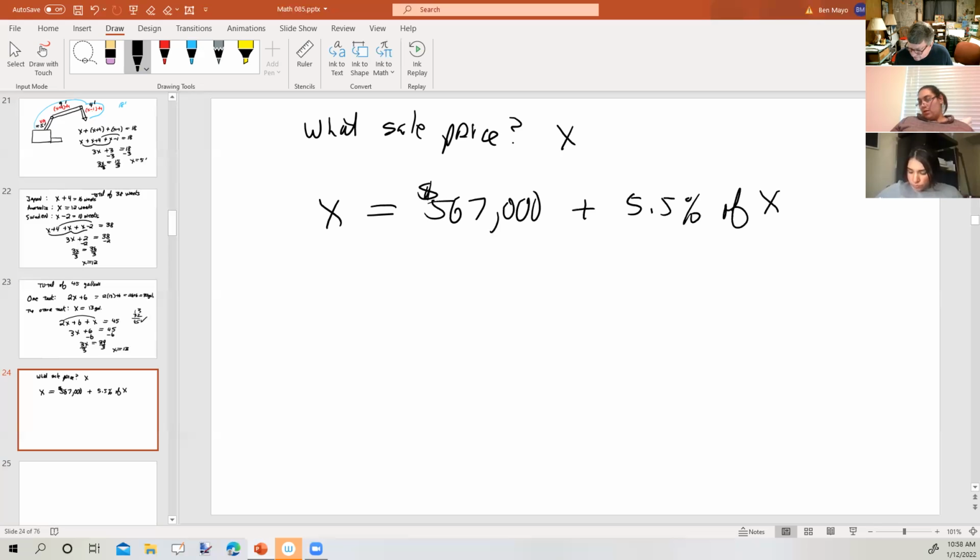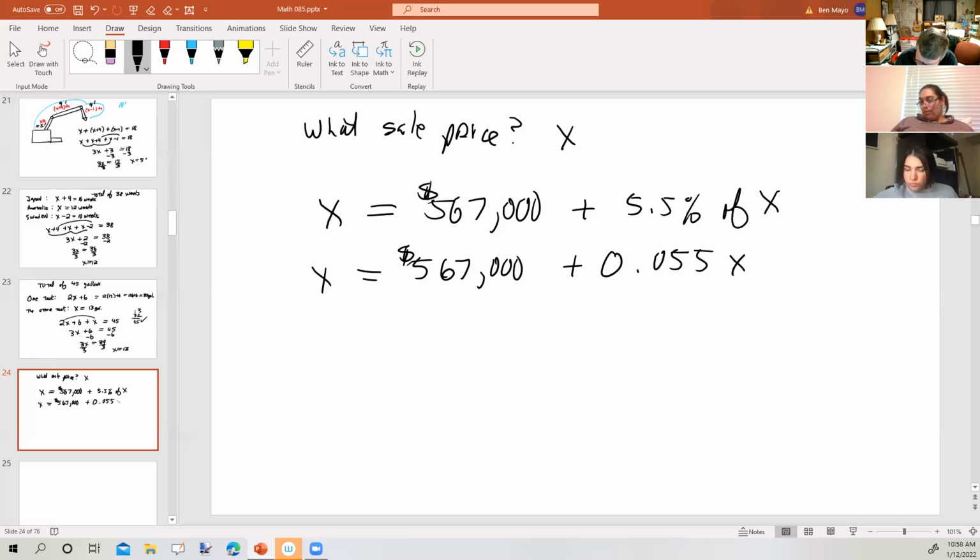Does that make sense? So in fact, our equation should look like this. We're going to convert the 5.5% into a decimal number. So again, we're going to do what? We're going to move the decimal point 2 places to the left and drop the percent sign. Are we okay with what I've got there? So now let's get all the x's together.